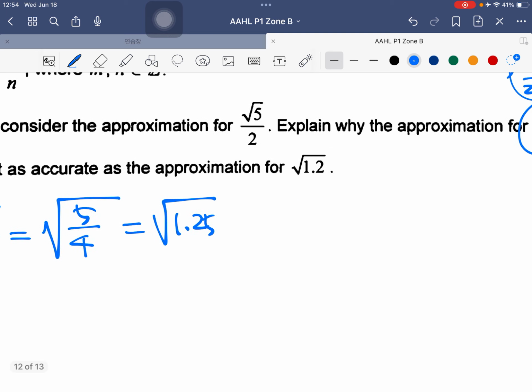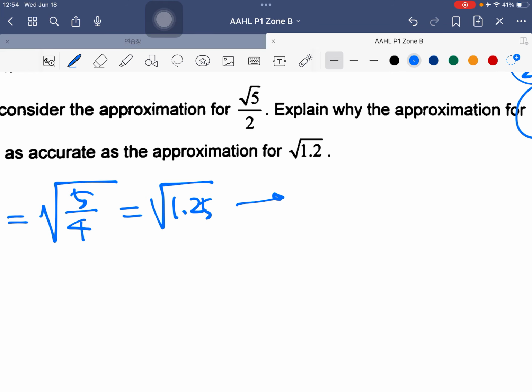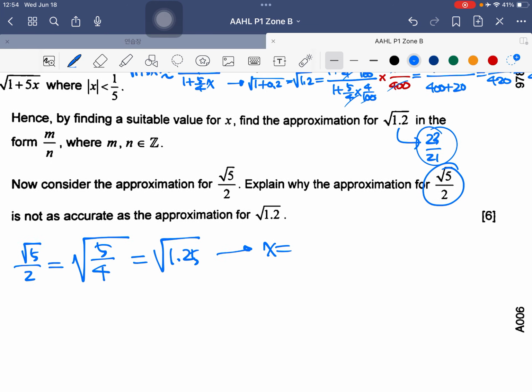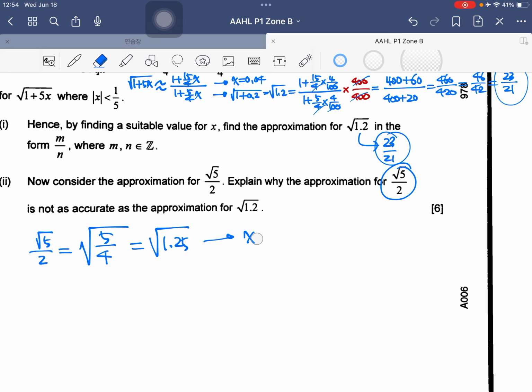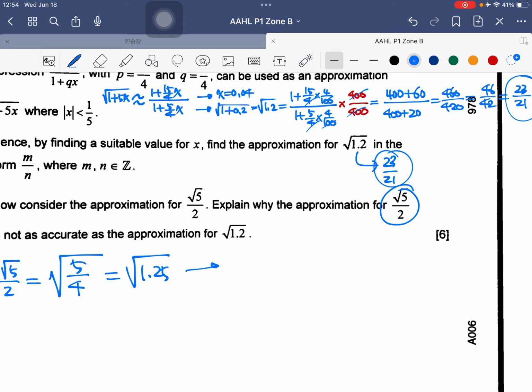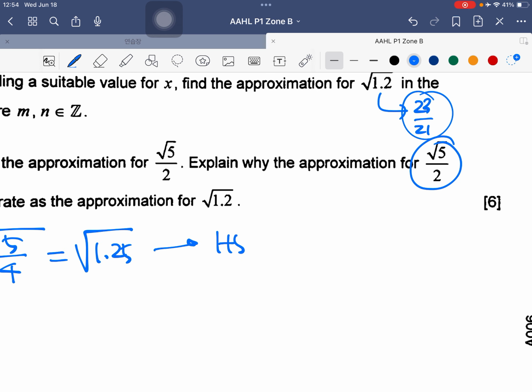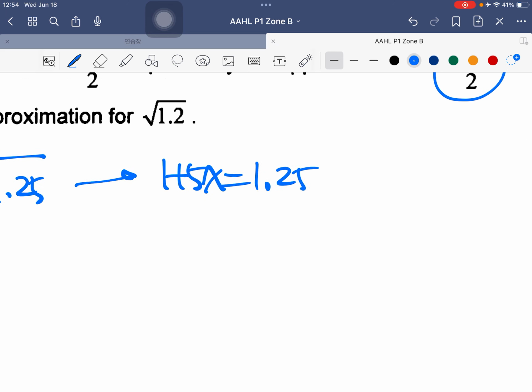So when 1 plus 5x equals 1.25, 5x means 0.25, x is 0.05.